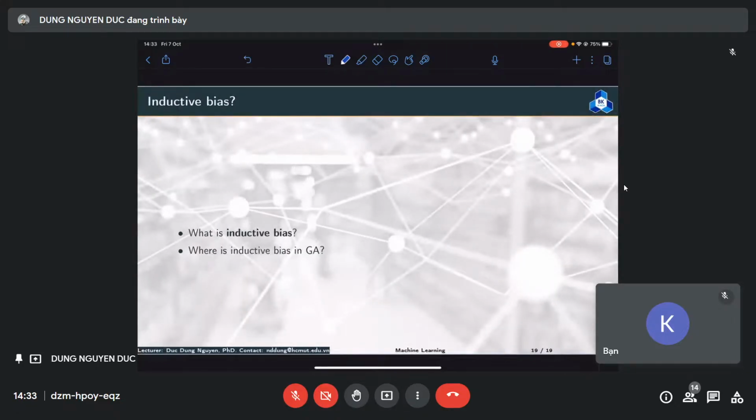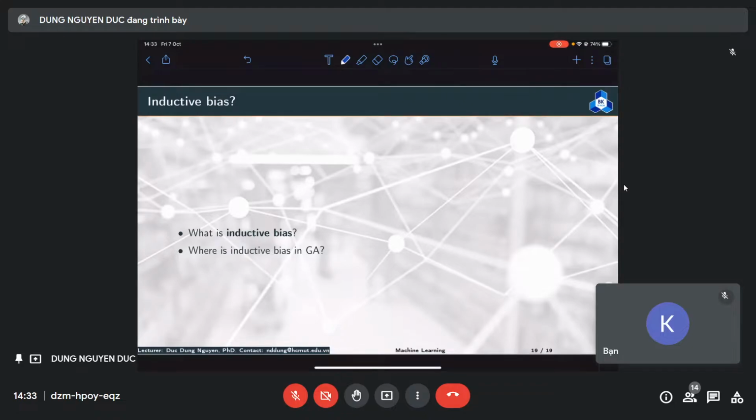Okay. And there's something we have to talk about here, which is the inductive bias. So when you learn about GA, you may wonder what is the inductive bias in GA. Can you tell? Remember what is inductive bias?